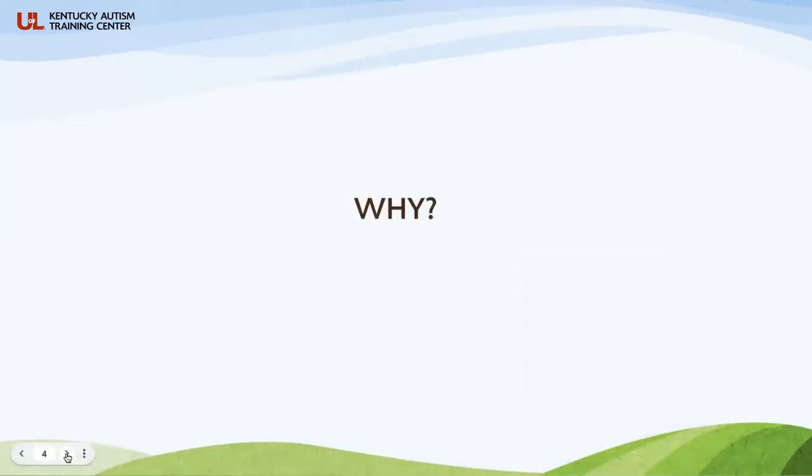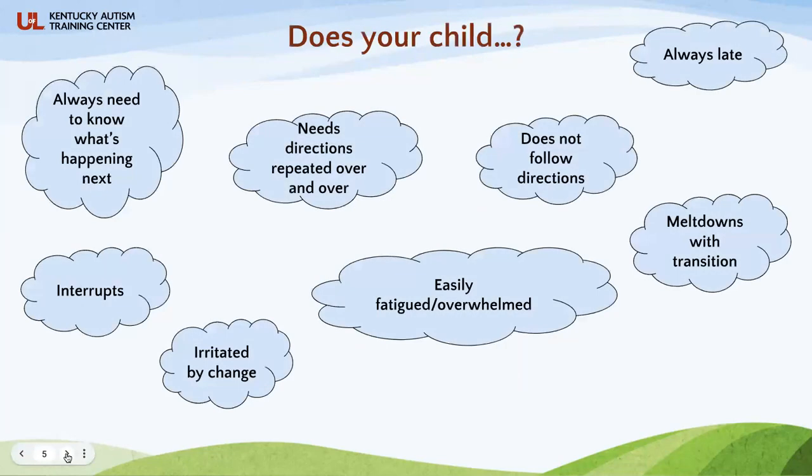All right, let's start with the why. As you look at this slide, look at the different clouds on here and ask yourself, does your child or your children demonstrate any of these behaviors? Do they always need to know what's happening next? Do they need directions repeated over and over again? Are they always late?